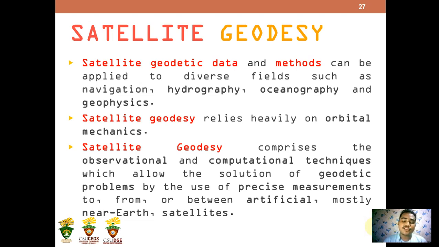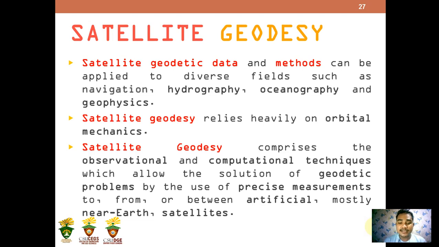And satellite geodesy relies heavily on orbital mechanics. It's because si satellite is mag-orbit magina siya, no, sa Earth. So we need to understand the whole concept of how the orbits behave, or the movement of the orbits, or the mechanics as a whole.